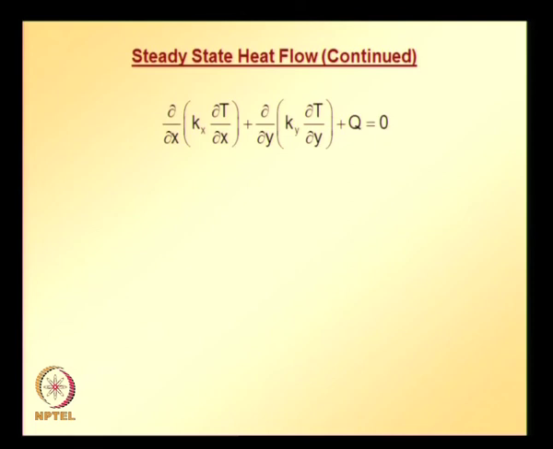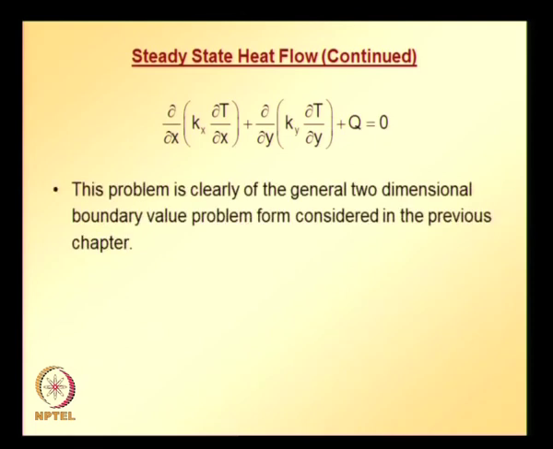And this is the governing differential equation. So, this problem is clearly of the general 2-dimensional boundary value problem form considered in the previous chapter or previous lectures. If we compare, the only thing that we observe is that, compared with the general 2-dimensional boundary value problem, the p term is missing. So, p does not exist here, or p is equal to 0.